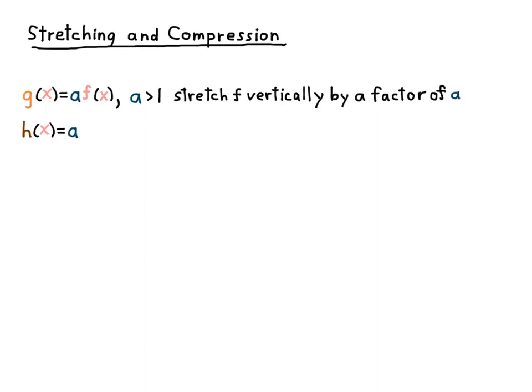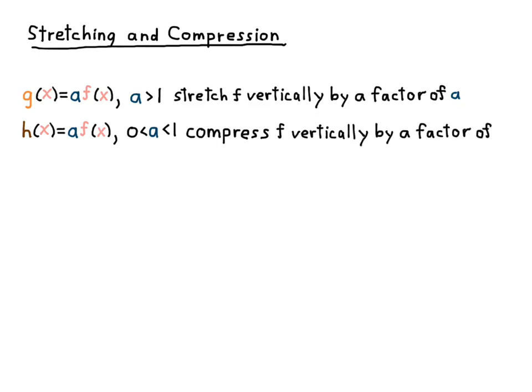So every y value gets multiplied by a, is all that's happening there. h of x equals a times f of x with a between 0 and 1 compresses f vertically. So like a is a half, it compresses it by a factor of a half, for example. So in general, a greater than 0, less than 1 compresses f vertically by a factor of a.